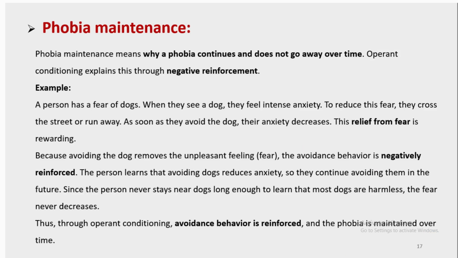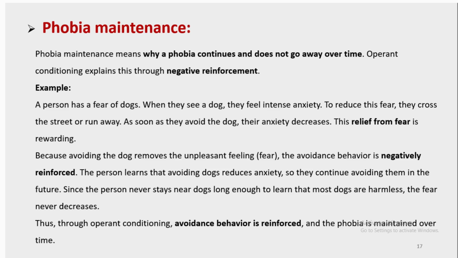Phobia maintenance means why a phobia continues and does not go away over time. Operant conditioning explains this through negative reinforcement. For example, a person has a fear of dogs. When they see a dog, they feel intense anxiety, so to reduce this fear, they cross the street or run away. As soon as they avoid the dog, the anxiety decreases. This relief from fear is rewarding because avoiding the dog removes the unpleasant feeling, which is the fear.